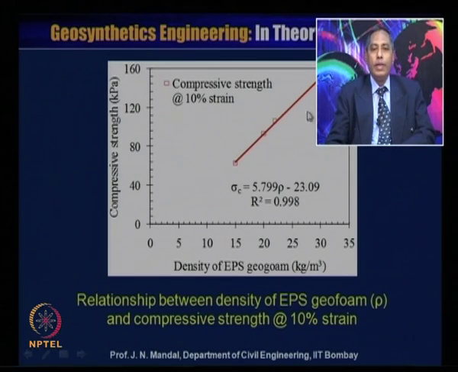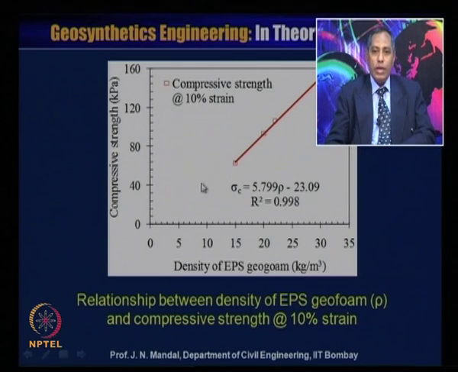So, if we see here, you can draw a line which will give a straight line. From this relationship you can develop an equation for the compressive strength, that is sigma c is equal to 5.799 into rho, that is density of the geofoam, minus 23.09, with R square equal to 0.998.